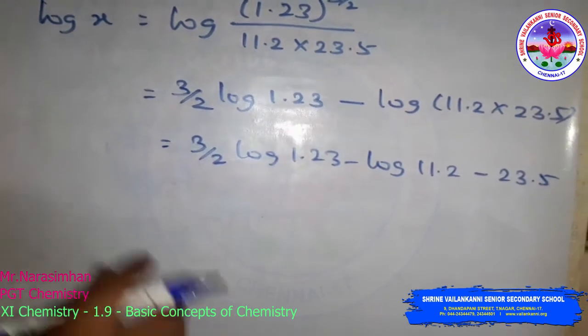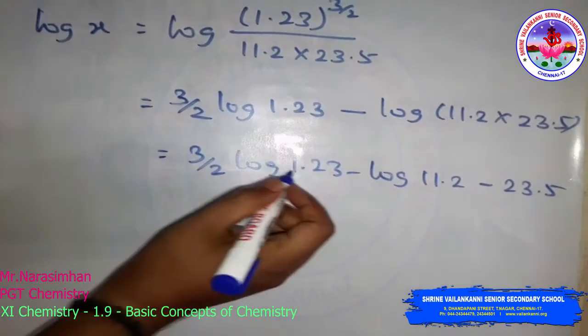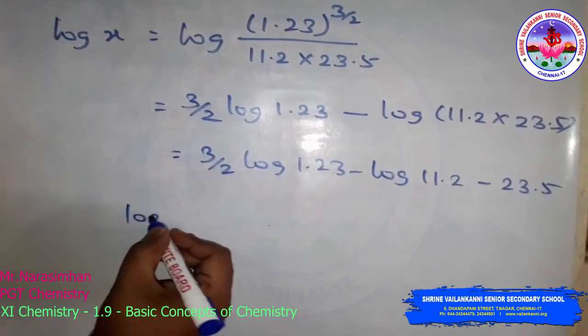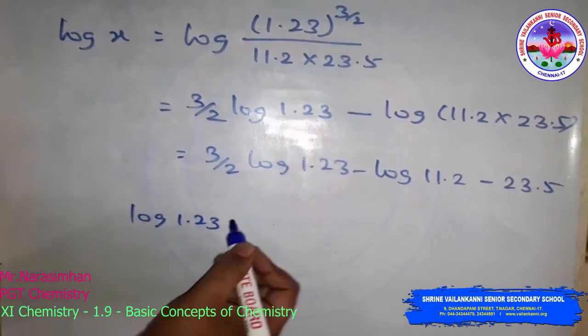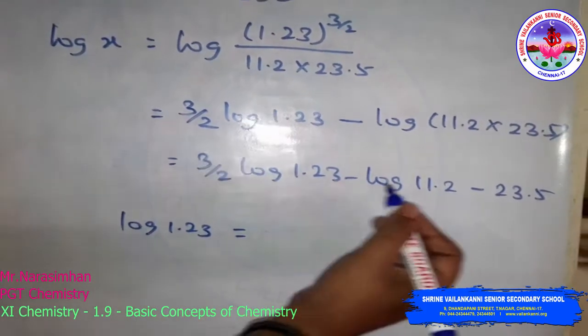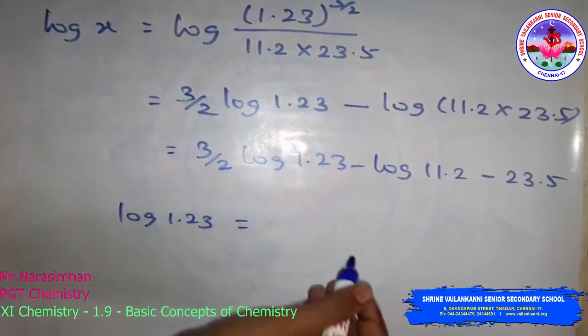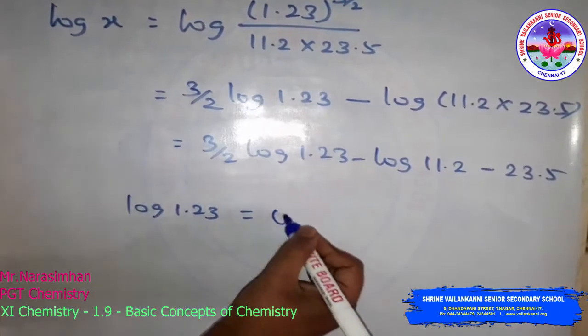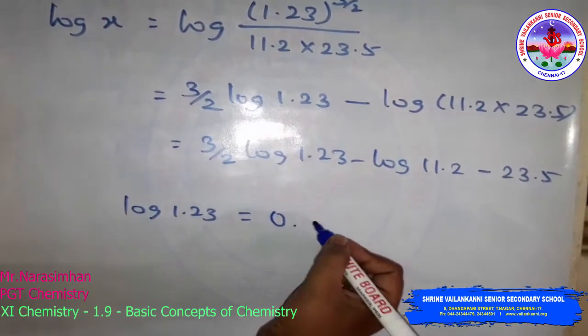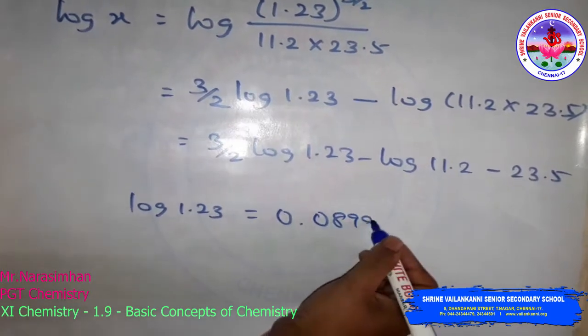Now the log of 1.23, taking the log as I already said, you will get 0.0899.